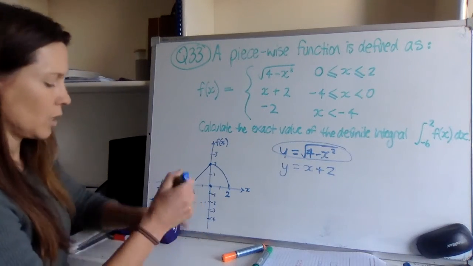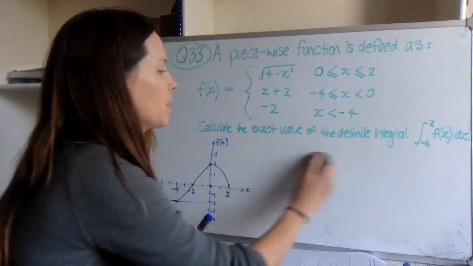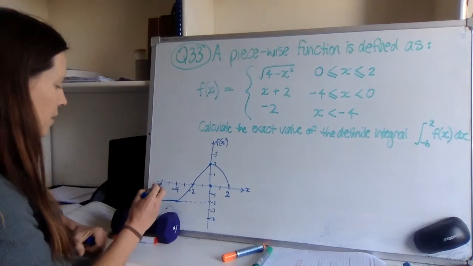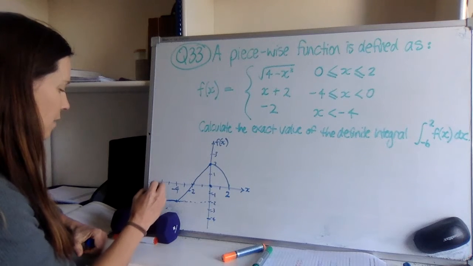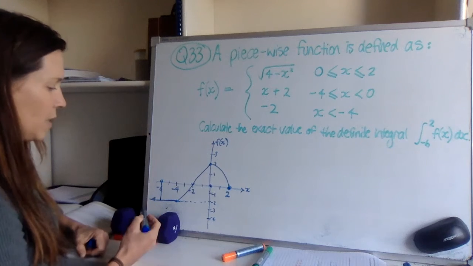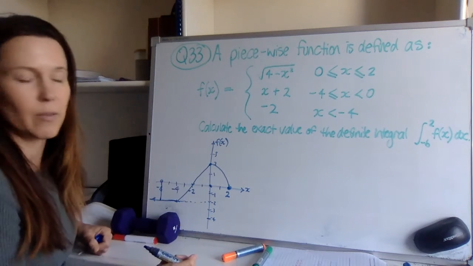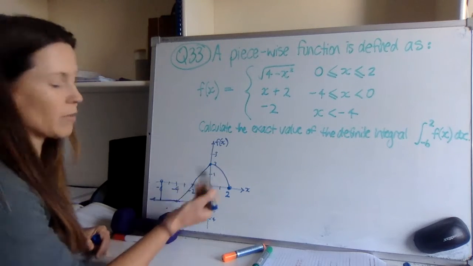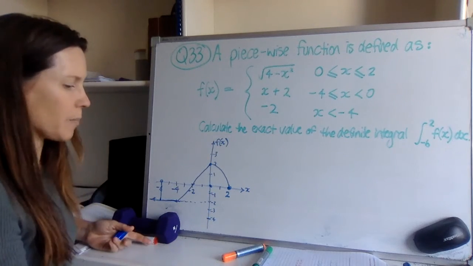That's it. So if I want to find the value of the definite integral between -6, that's here, and here, then if I can find the value of each part and reason which ones are negative, these bits, and which ones are positive, then I can just add my parts together.